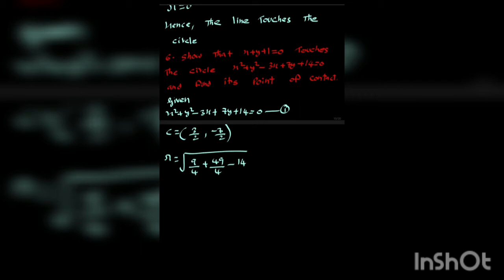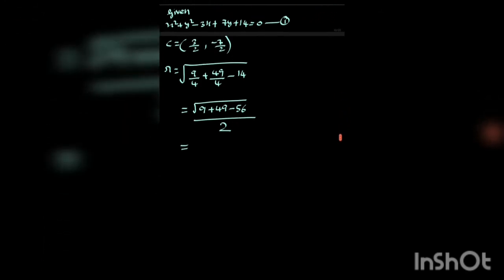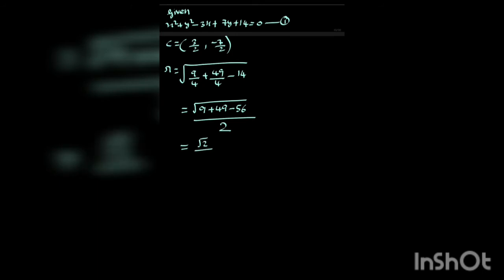So r is equal to root of 9 plus 49 over 4, and minus 14, LCM is 4, so 14 fours are 56. So 58 minus 56, so root 2 by 2.